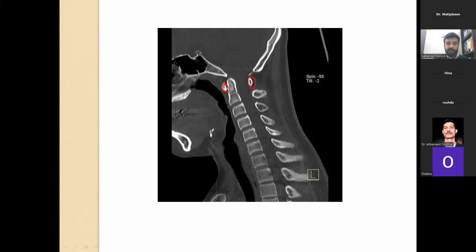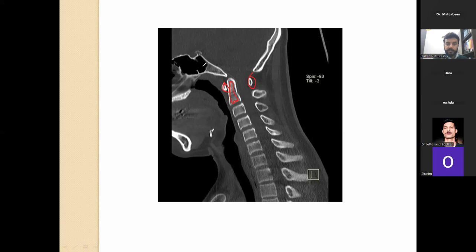It has no vertebral body. The part of its body has combined with the C2. This is the dens or the body of C2. This is how we identify, and that's how we start counting the vertebral bodies, right?